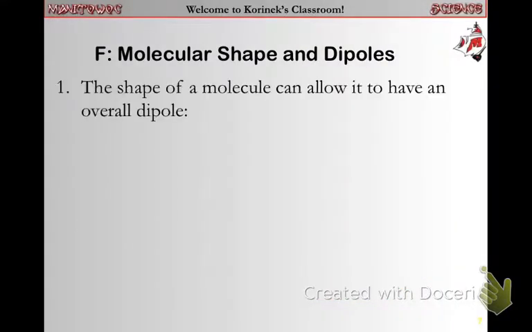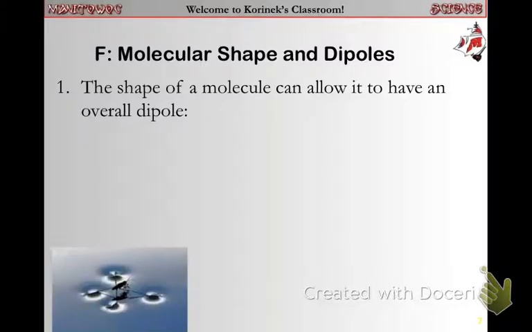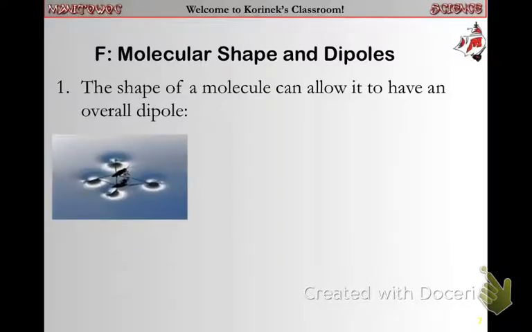All right, so how does molecular shape affect a dipole? So the shape of a molecule can allow it to have an overall dipole. And water is a super duper example of this. So if you take a look at water, and you look at the electronegativity differences between oxygen and hydrogen, there's certainly a difference there. And you would notice that the oxygen atom would have the electron more.